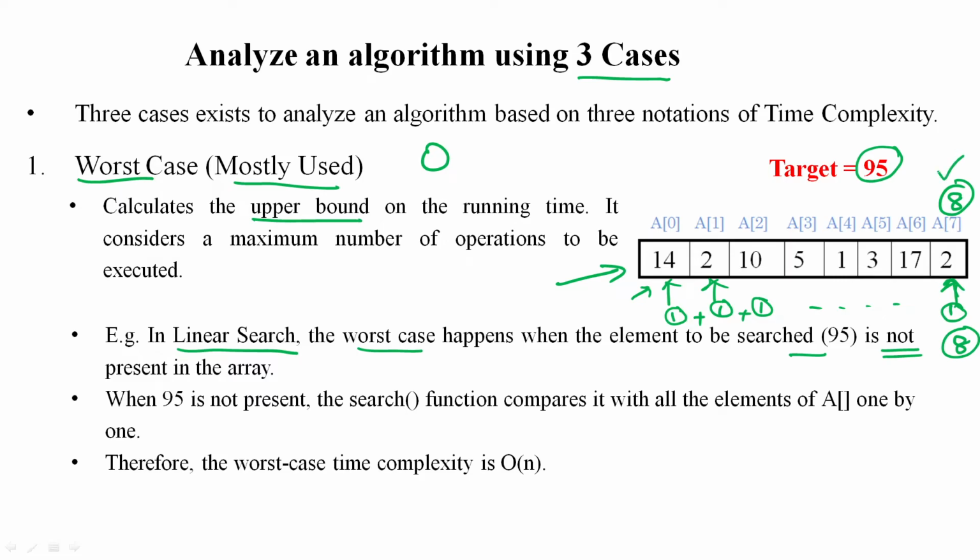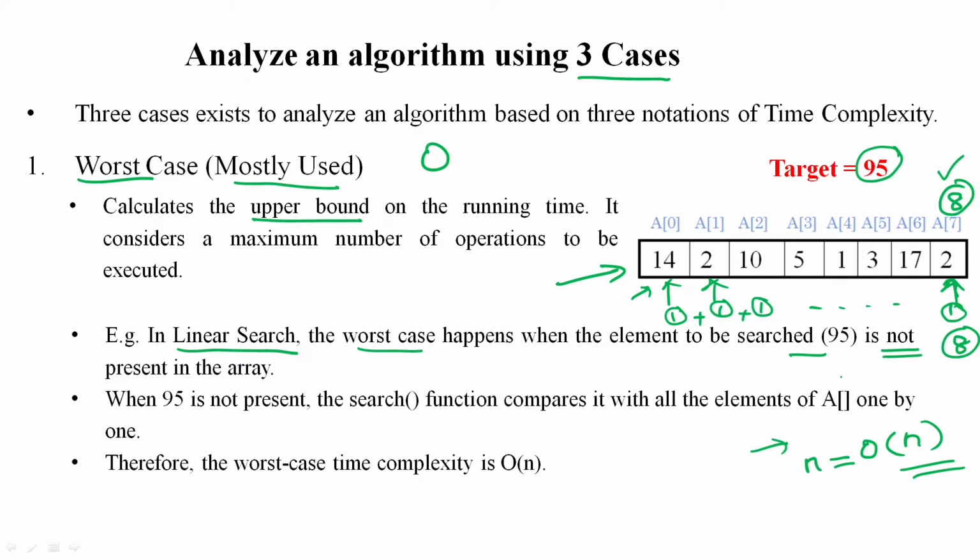Our input is also 8. So from this we can observe that for n input values, the maximum time consumed is order of n. So this is the worst case.